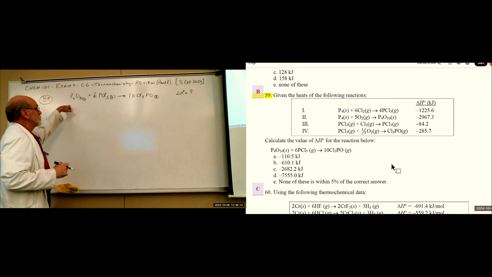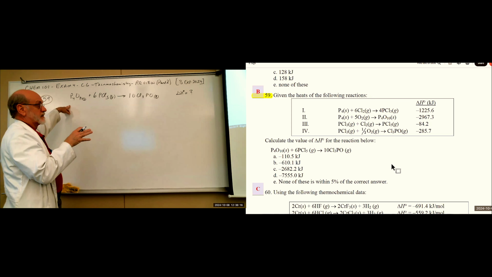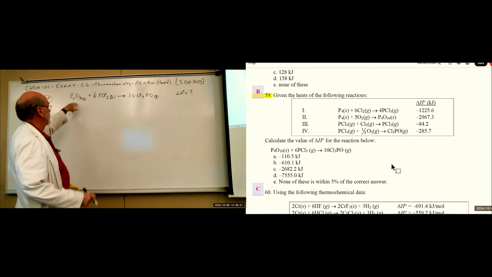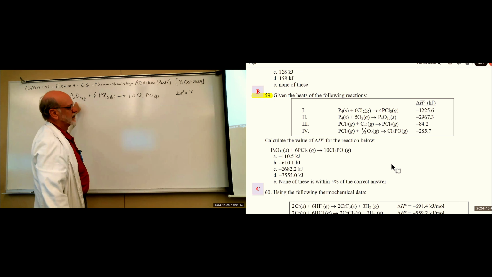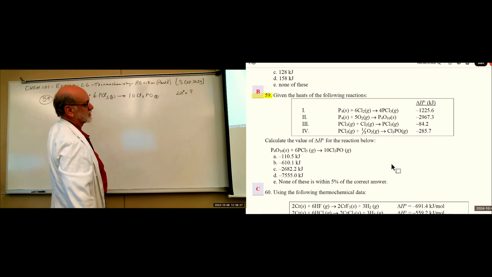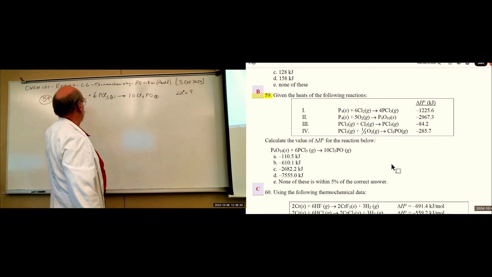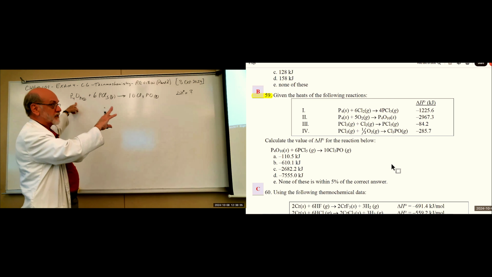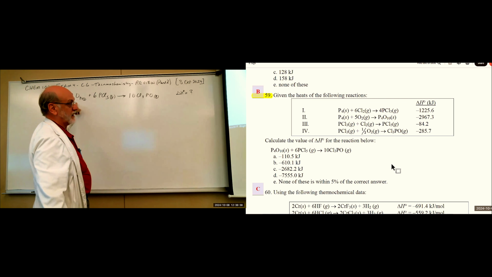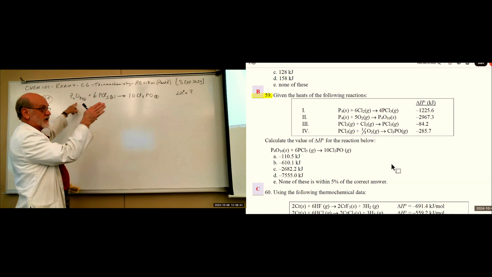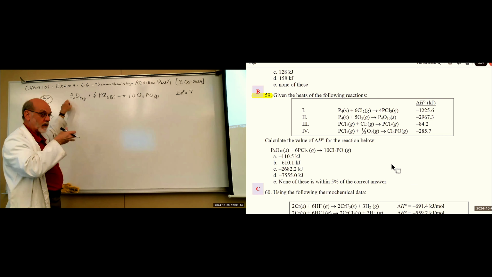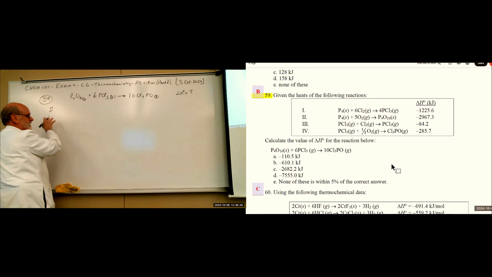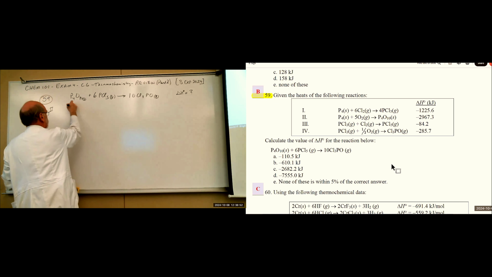Okay. So go to your available equations, and unless you have a preference, I just start with the first one. Which one gives you P4O10? P4O10, this looks like the second one, number 2, but it's backwards. We have to flip that equation and put the P4O10 on the left-hand side. But fortunately, that equation only has 1 mole, and this one only has 1 mole. So all we have to do is just flip it. So we'll use the second equation and put P4O10 on this side.